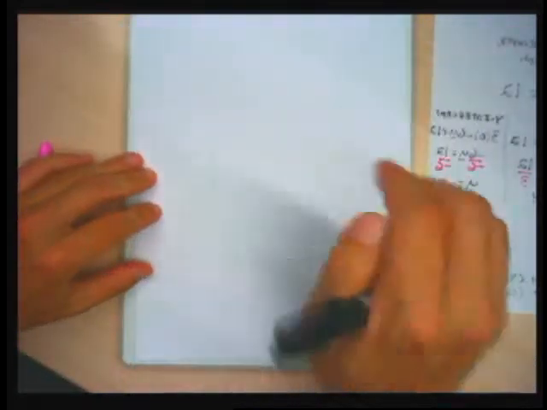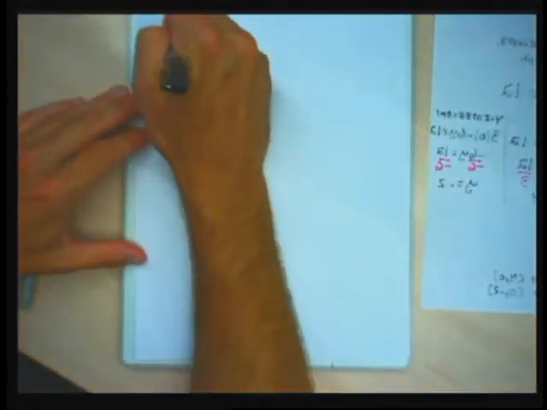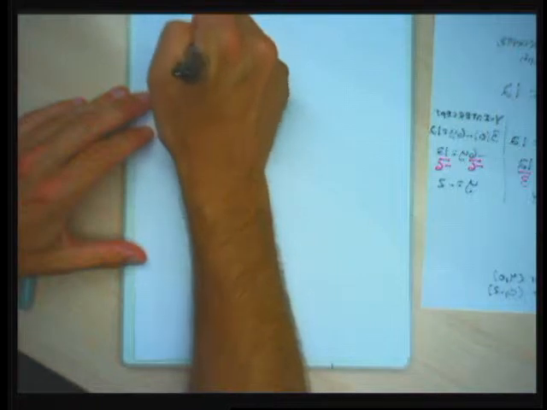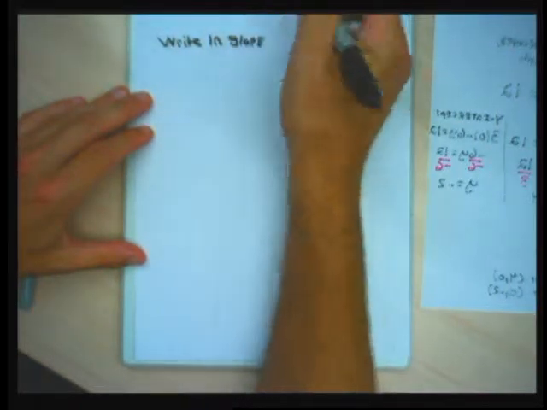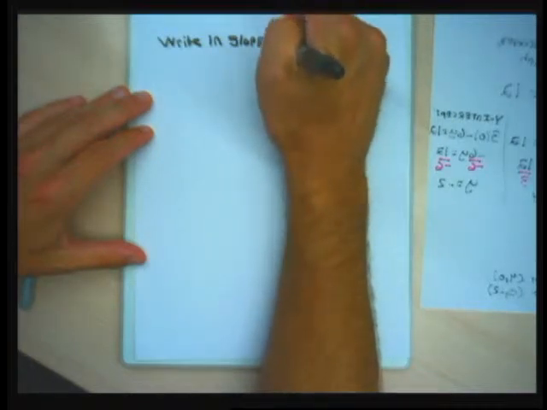The second style of problem that you should be able to do from 3.1 is this style of problem. The instructions might say write in slope-intercept form.